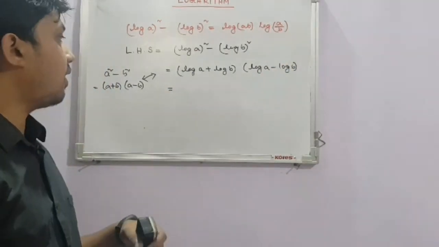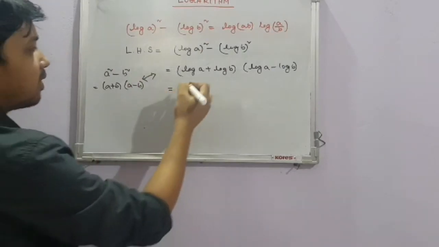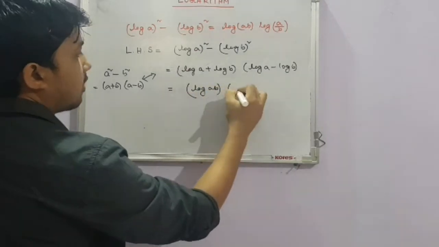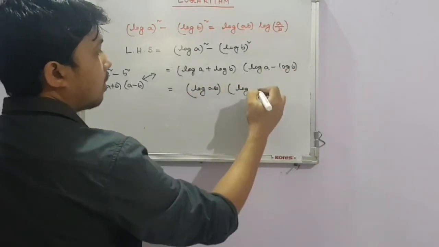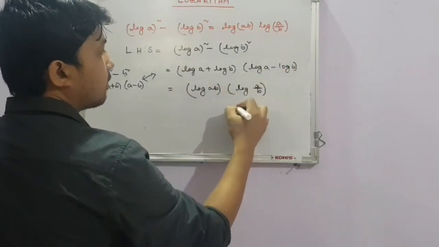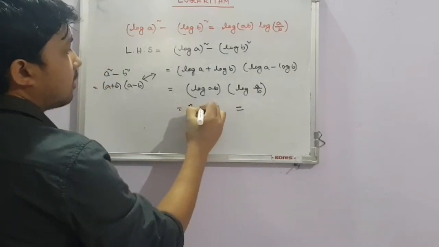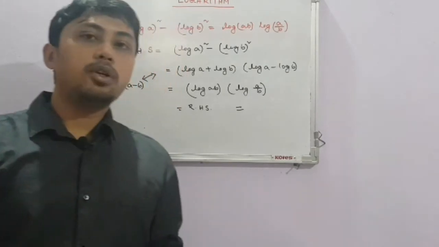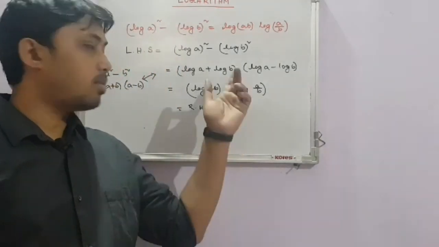Extremely important line. I think you have understood. After this, the formula log a plus log b is log ab, and log a minus log b is log a by b. If you know the formulas, this is very simple. So basically, to solve these questions, we are using the properties.